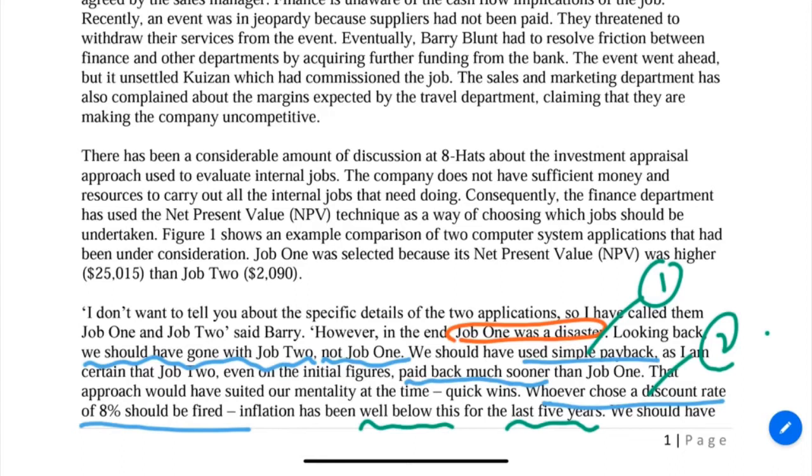No. For those who are good in finance, you know that inflation will affect the discount rate, but inflation is not the only factor. There is still interest. On how many percent we need to use for the discount rate, we have to look at inflation, but we still have to look at the interest rate also.